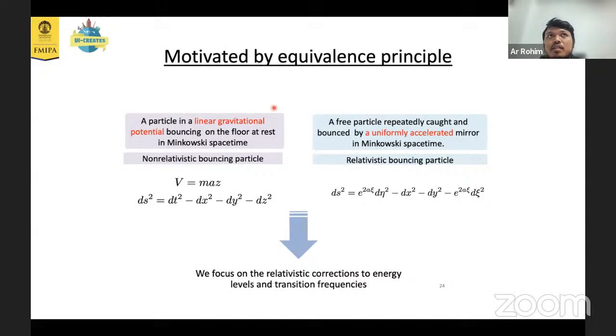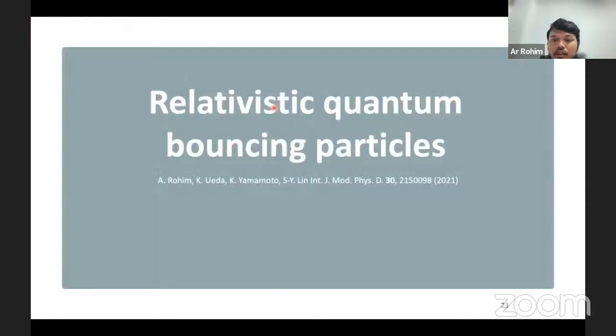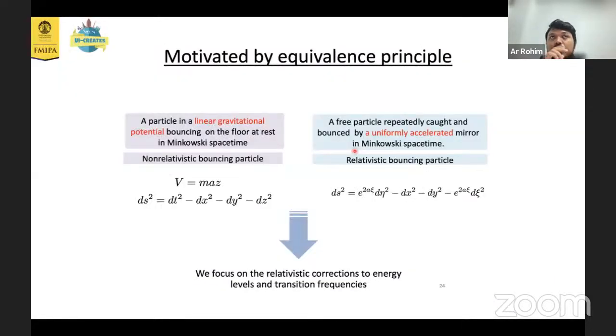In this context, we can add the external potential to the Dirac equation, right? But in this work, we do not do such a scenario. Instead, we discuss the system of a rest particle with an accelerated mirror. This is where we use the equivalence principle.